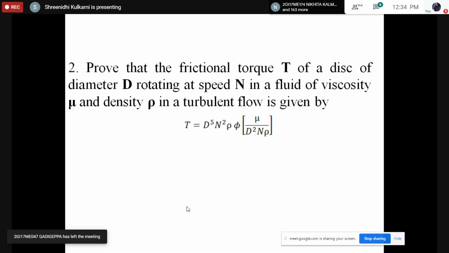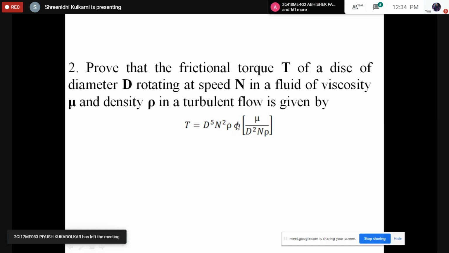Here they asked to prove that the frictional torque T of a disc of diameter d rotating at speed n in a fluid of viscosity mu and density rho in a turbulent flow is given by T equals d to the power of 5 n square rho, again here they mentioned phi.